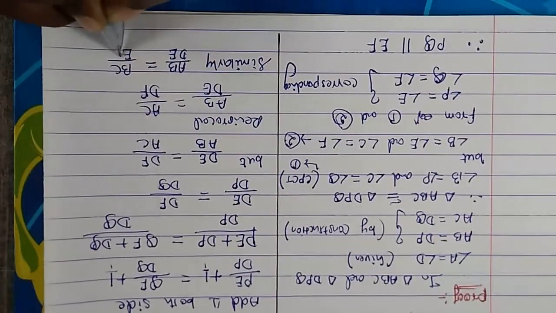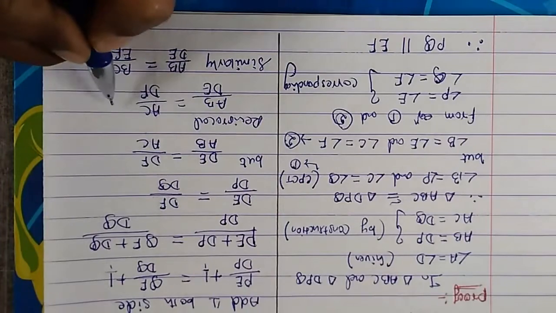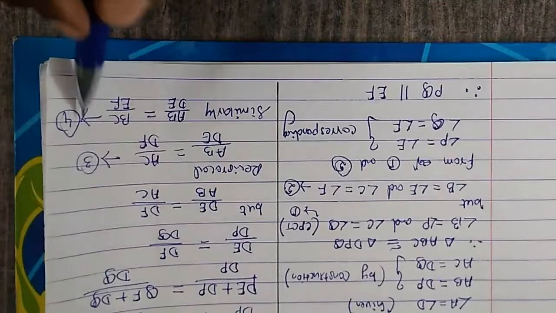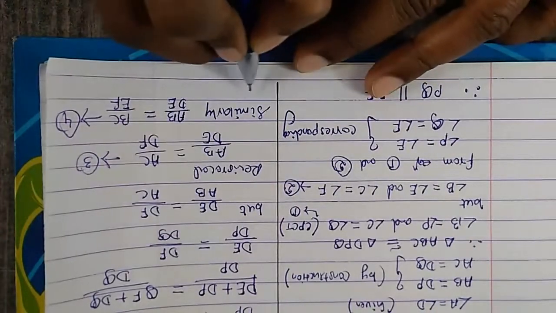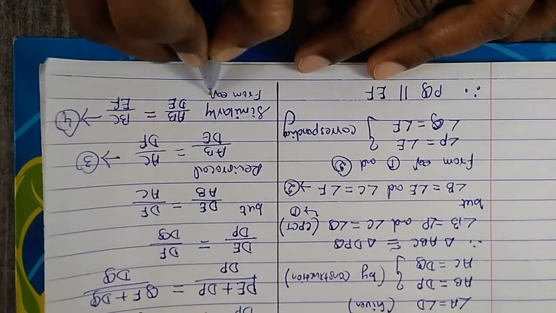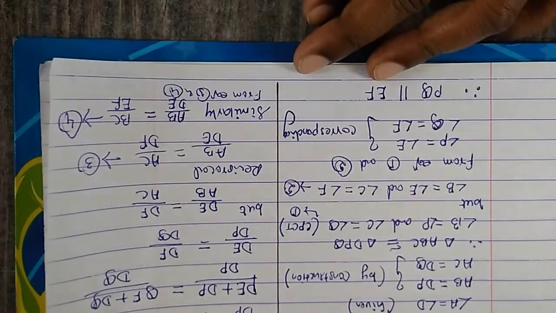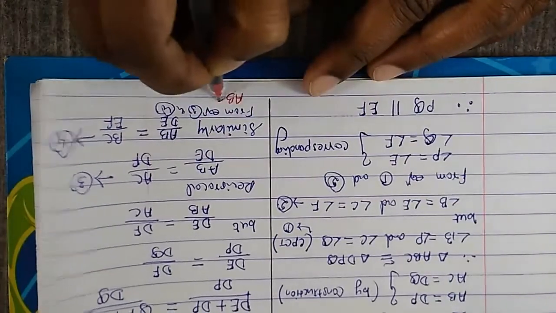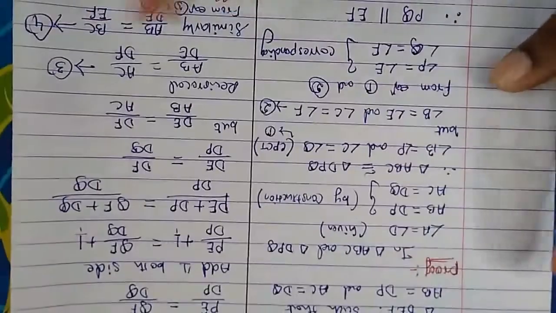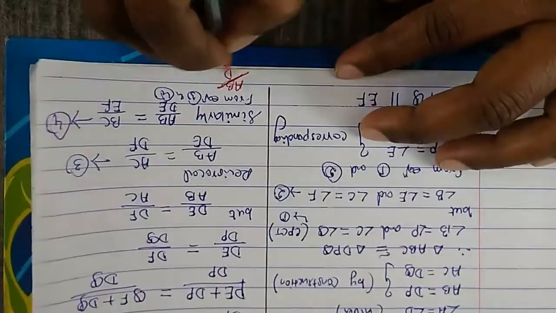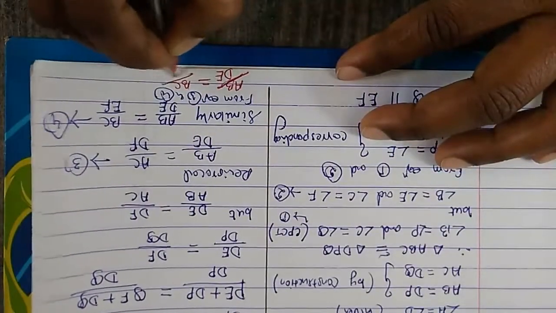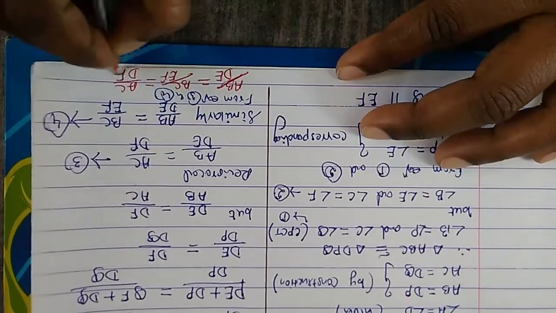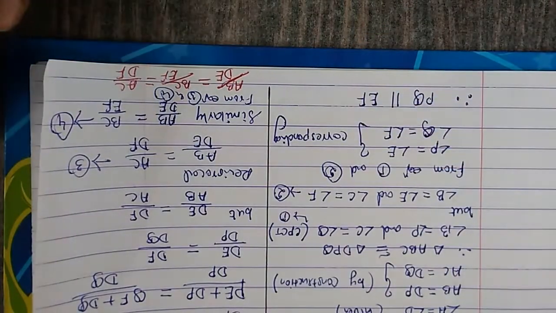This we consider as 3 and this as 4. So from equations 3 and 4, we can write that AB upon DE is equal to BC upon EF is equal to AC upon DF. I hope it is clear to you.